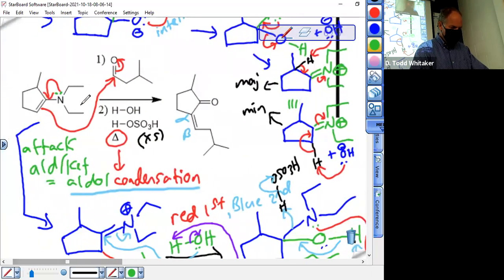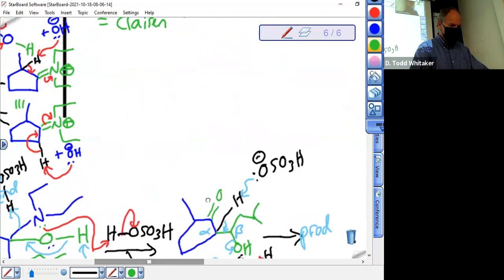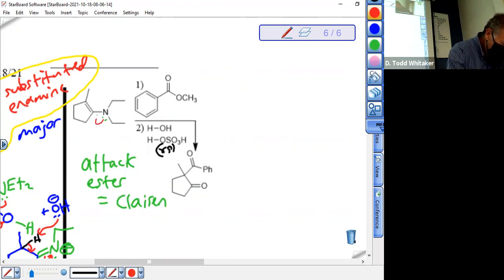It's hard to follow when I do that. Resonate and attack using the pi electrons to the alpha position. So the alpha position ends up with a new bond. Let's do it. This time the alpha position is the other one. Up here. Resonate. And attack.